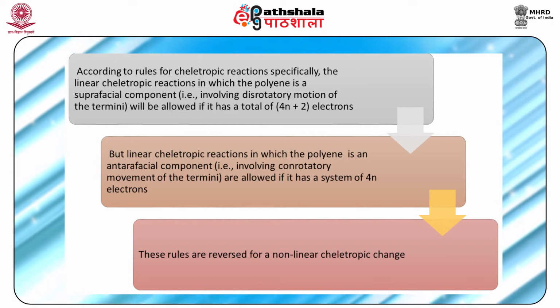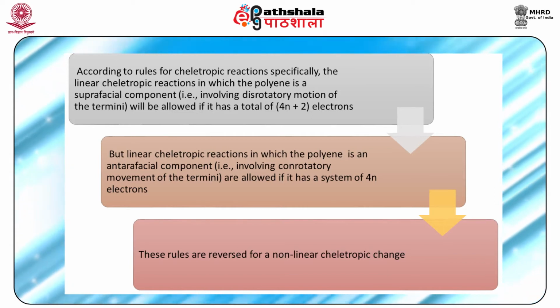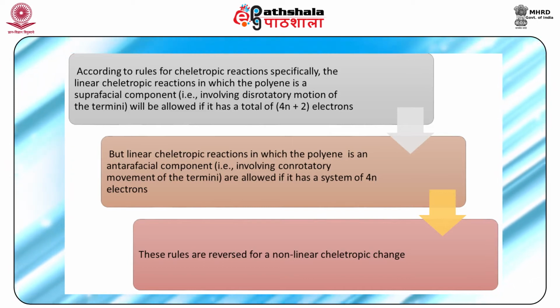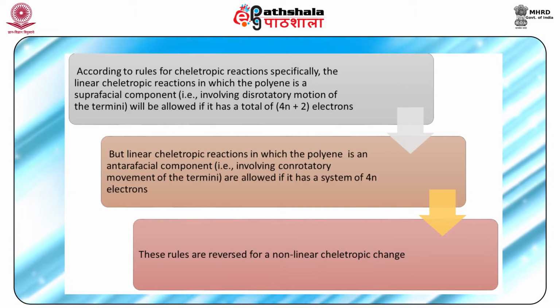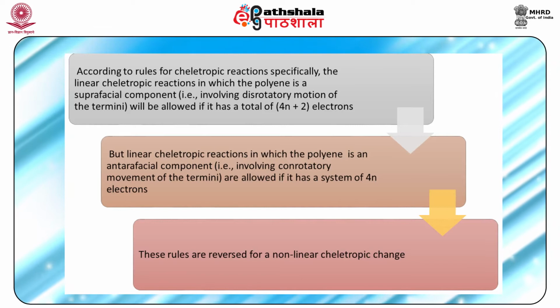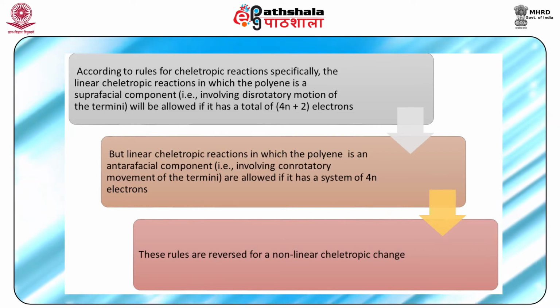But linear cheletropic reactions in which the polyene is an antarafacial component, that is involving conrotatory movement of the termini, these are allowed if it has a system of 4n electrons. These rules are reversed for a nonlinear cheletropic change.